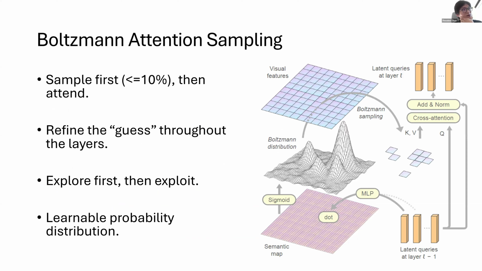So, computing the Boltzmann distribution is actually less sensitive to that, because I can allow a very rough estimation of the distribution since I can control the temperature.